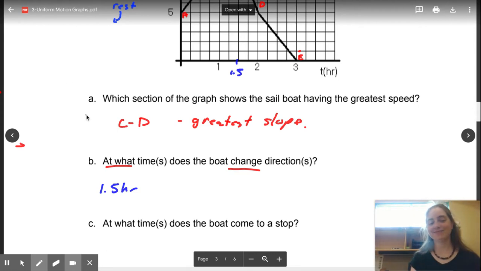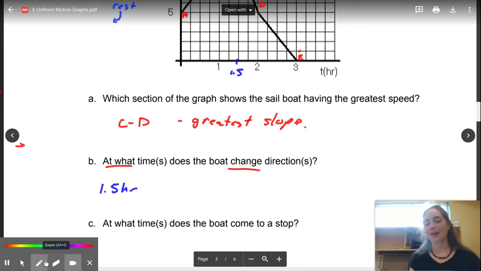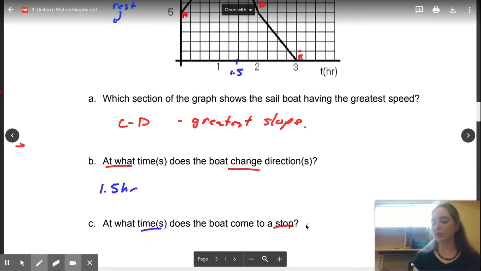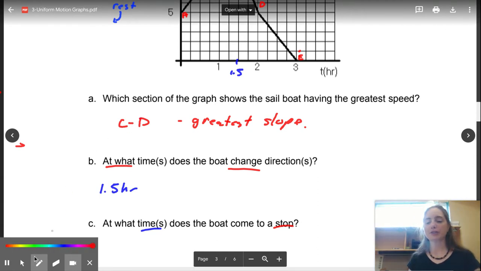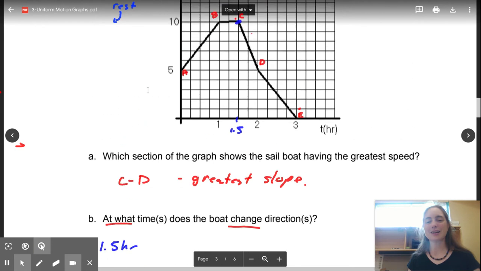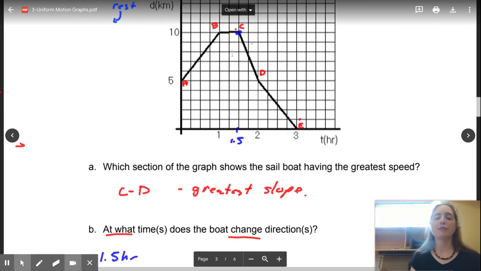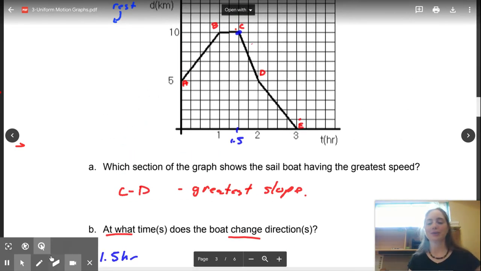All right. Okay, what time or times? So that means I want all times the boat is at rest. Remember, ladies and gentlemen, that on a distance time graph, when the graph flattens out is when an object is at rest.